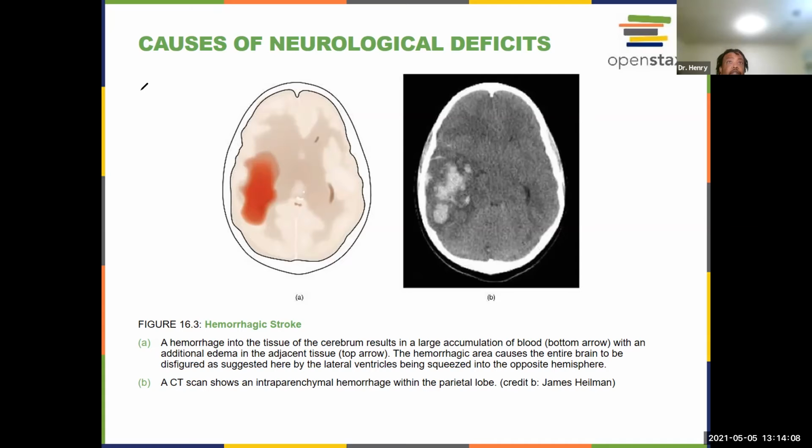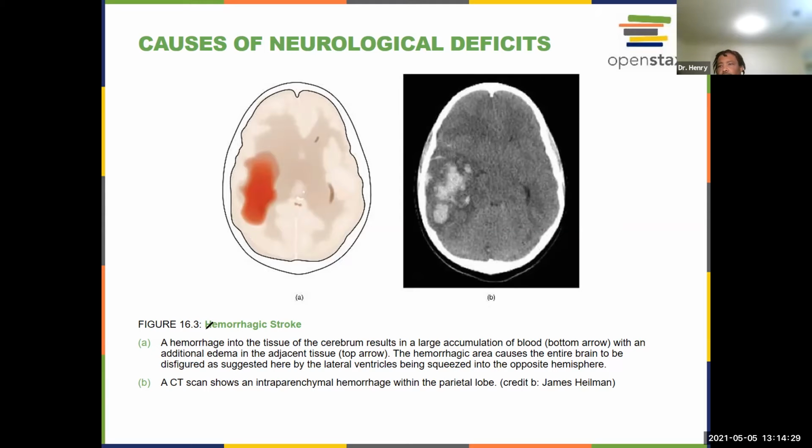If this happens, your blood brain barrier will also become damaged over time and can dissipate, and that causes severe issues as well. So stroke can be pretty deadly.